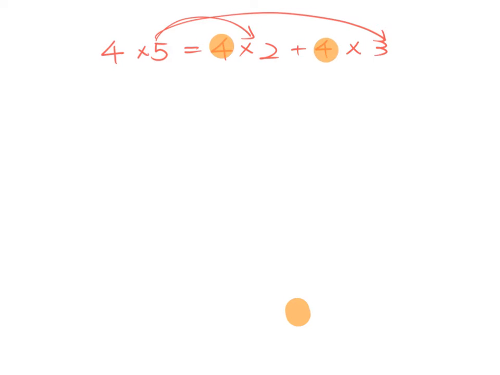So in other words, I'm going to rewrite this. I rewrote the 5 into 2 plus 3. And then I just used the 4, multiplied both of them, 4 times 2, and add 4 times 3. Okay? So that's called distributive property. So I'm distributing the 4.